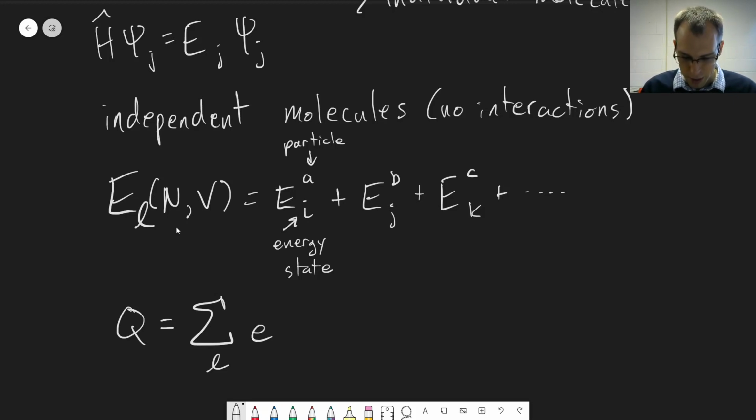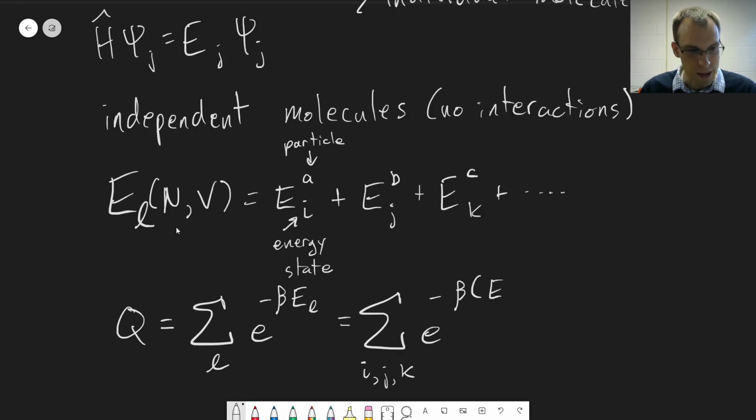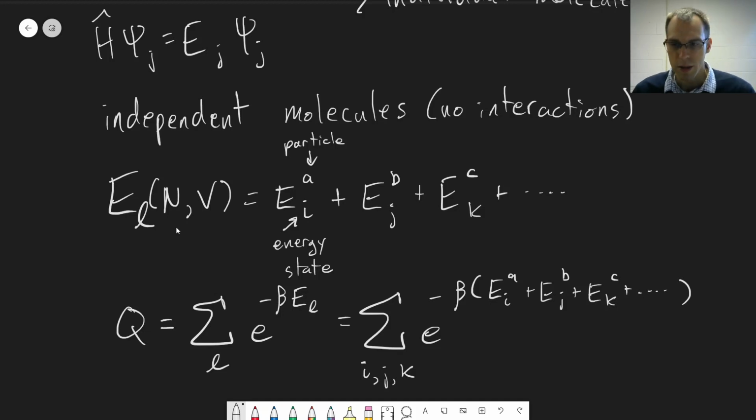We then add up e to the minus beta E_L, which we can decompose into adding up over all of our different energy levels, the possibilities, e to the minus beta times this sum here, right? E_I^A plus E_J^B plus E_K^C plus and so on. Okay, and that would be, in theory, how we could do this.